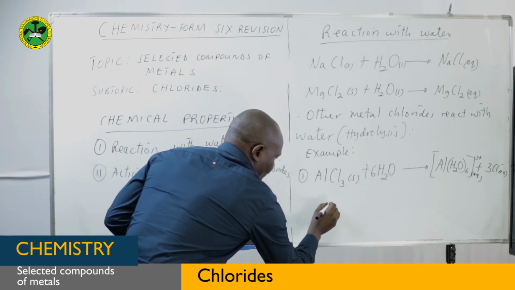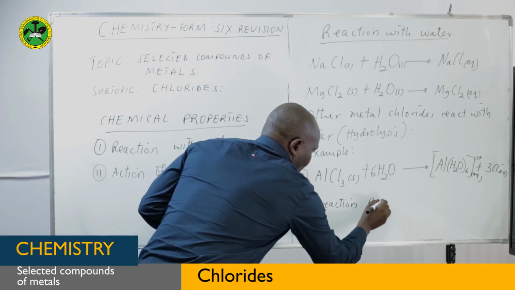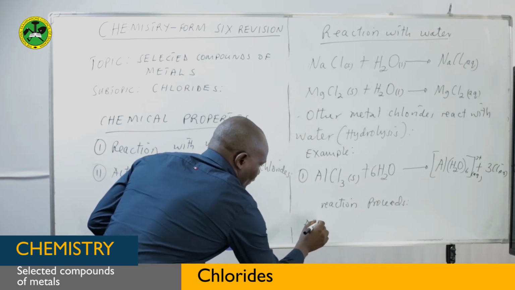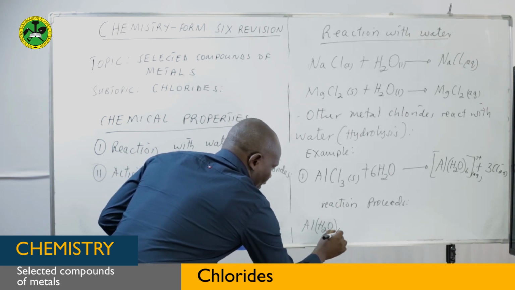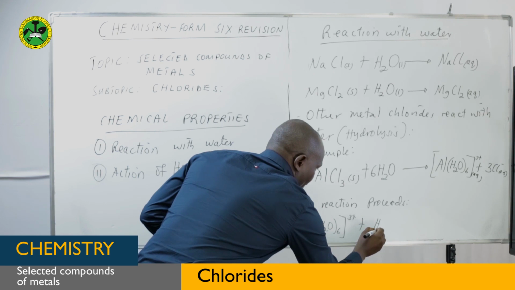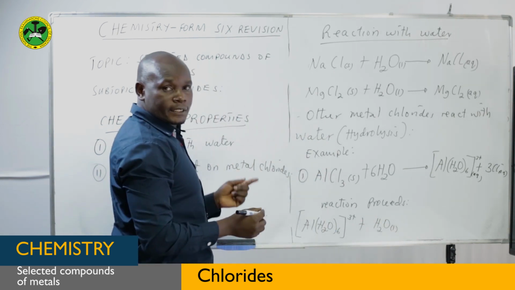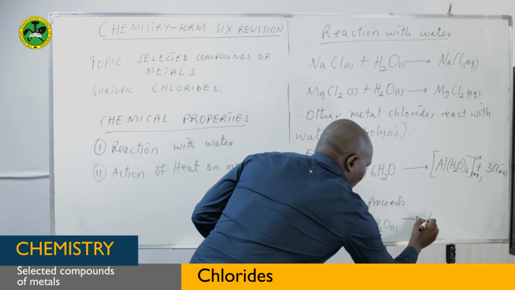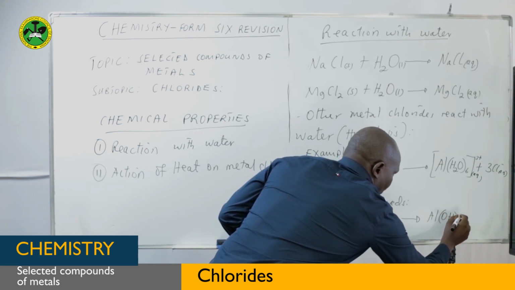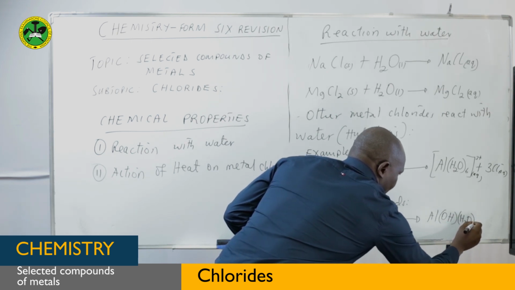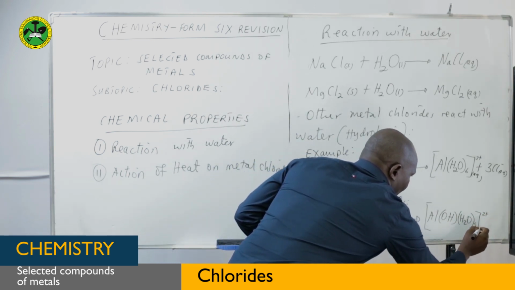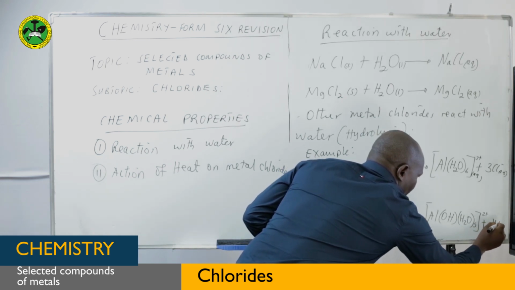The reaction now proceeds whereby the hexaaqua aluminum 3 ion proceeds to react with the water, resulting into formation of an acidic solution, which is now you'll have the aluminum hydroxo pentaaqua aluminum, then plus hydroxonium ion.